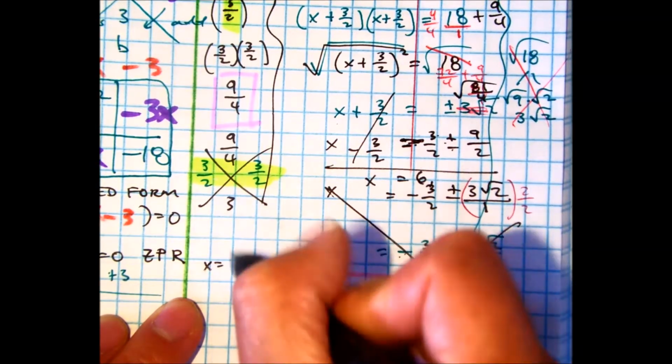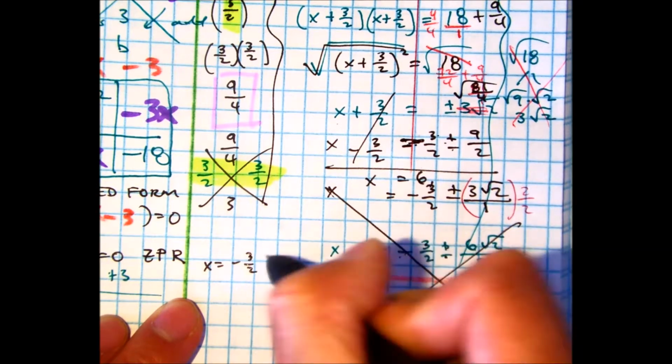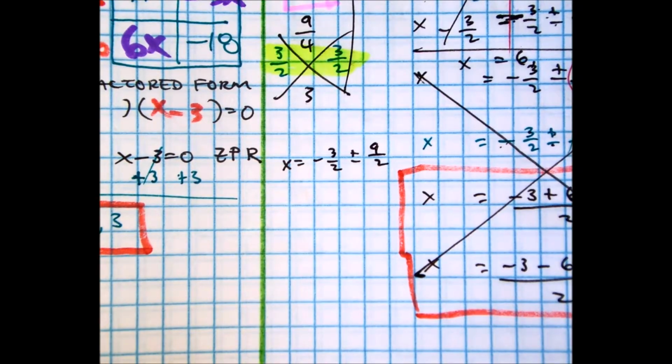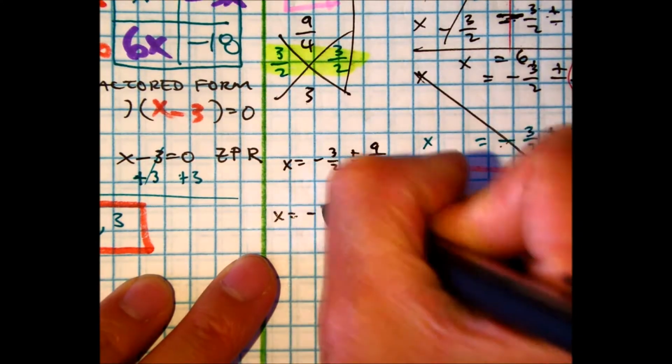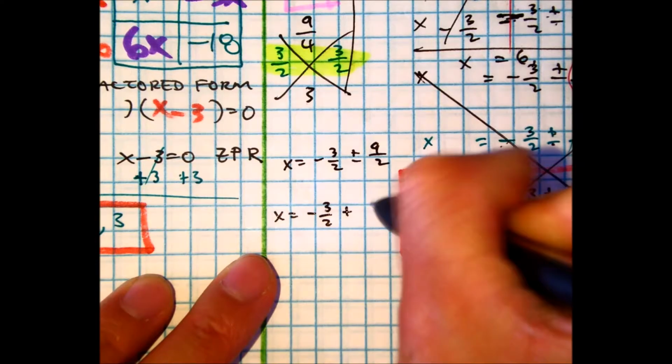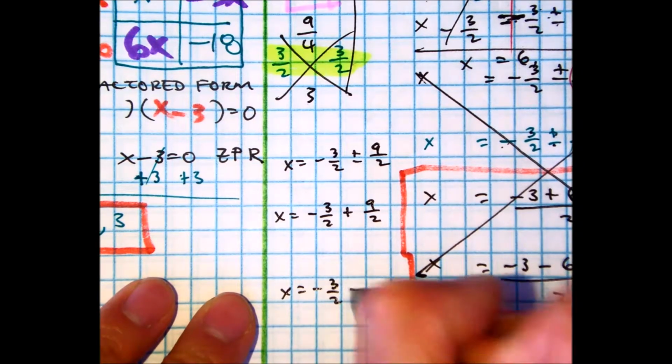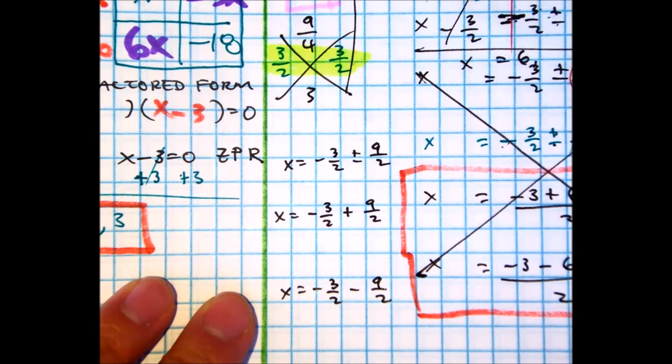X equals negative 3 halves plus or minus 9 over 2. Let me separate that for you guys, for some of you who are not used to the plus or minus. So that is negative 3 halves plus 9 over 2, and negative 3 halves minus 9 over 2.